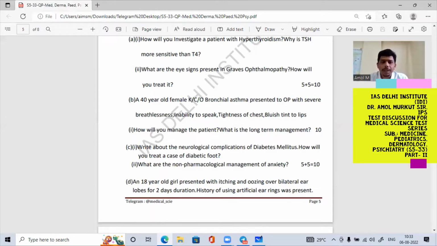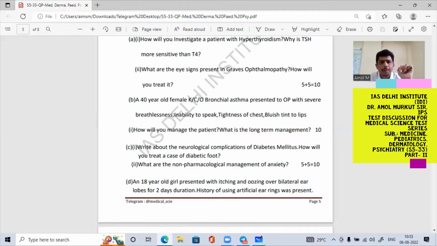So these are the main drugs which you have to give immediately. If this doesn't work, then you will go for intubation. So you have to write sequentially: give these beta-2 agonists, then the anticholinergics and methylxanthines, then steroids. And if still the patient doesn't respond, intubation.